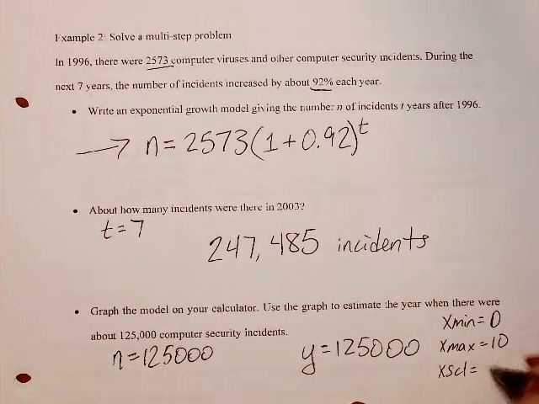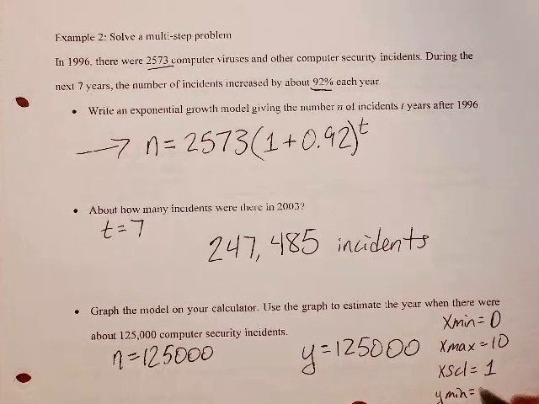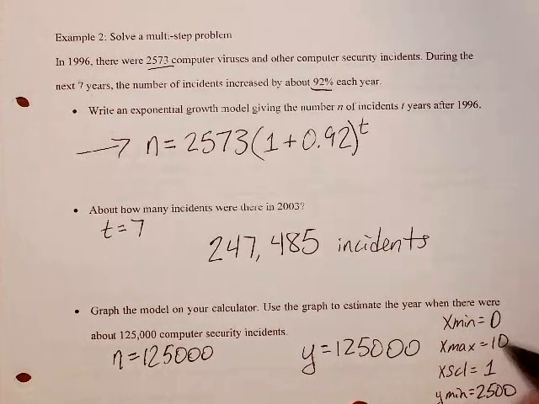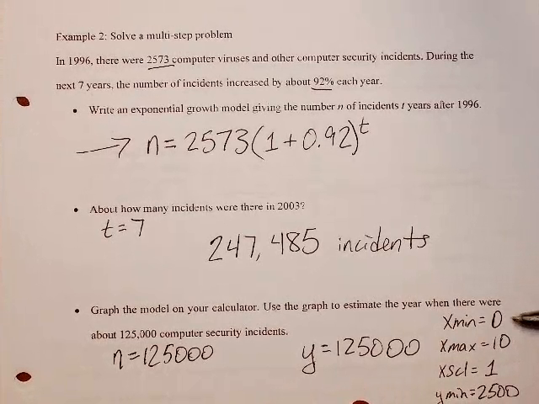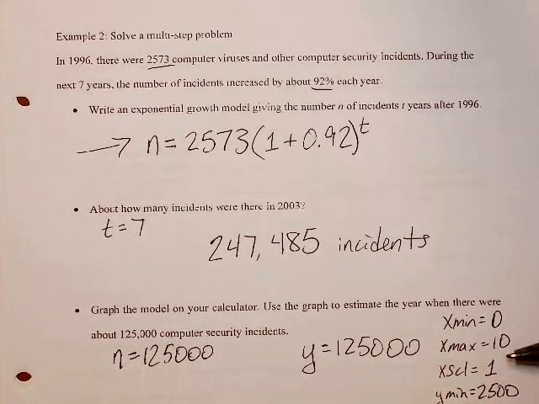Then our Y minimum is going to be 2,500. So how I'm getting these, you can't go negative years, so we're starting at 0 here, and we're going to 10 because that's far enough out that we'll get to this. And our scale is 1 because that's how many tick marks there will be. So there will be 10 total tick marks.